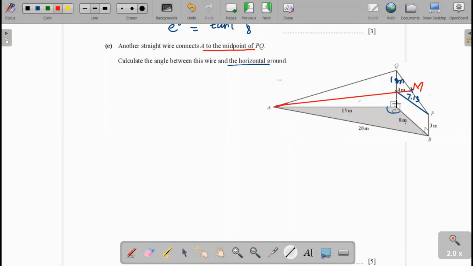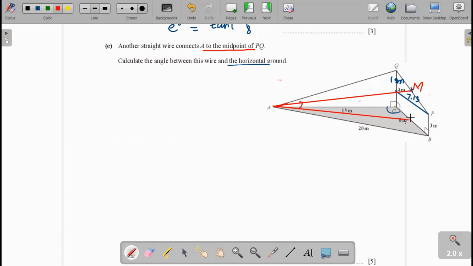The angle between the horizontal ground and the line AM is what we have to find. This is the horizontal line, and we have to find the angle between these two lines.